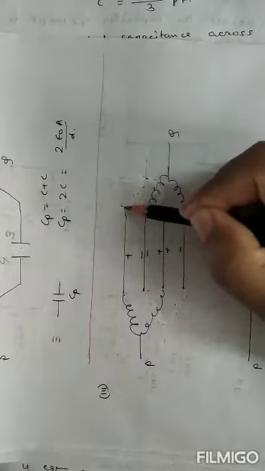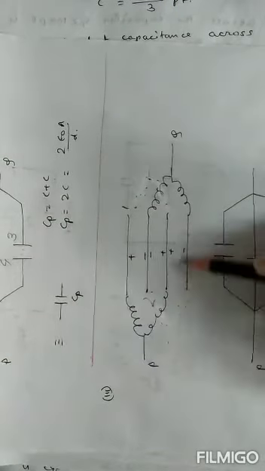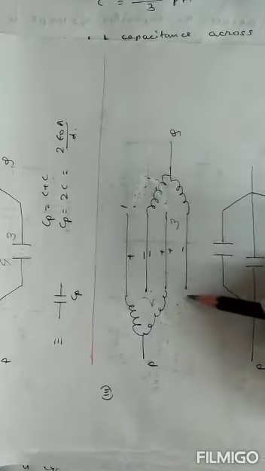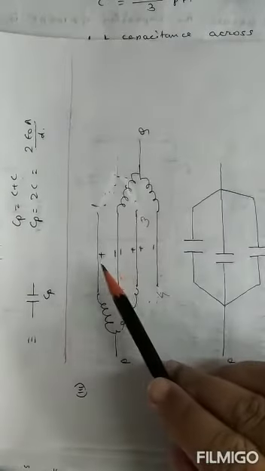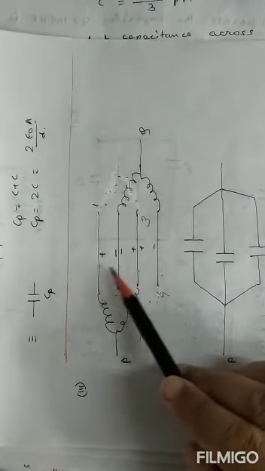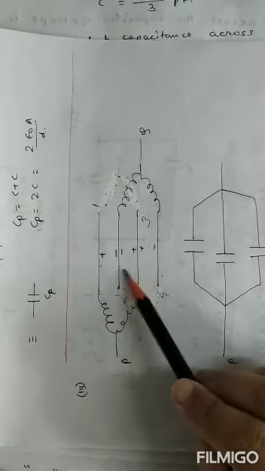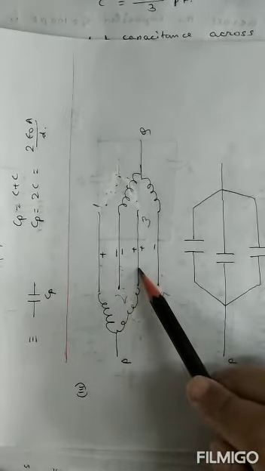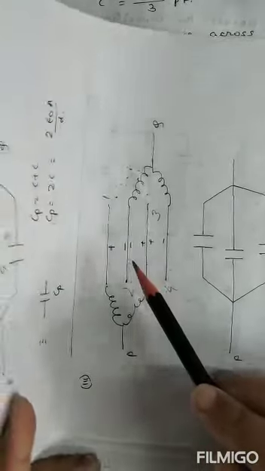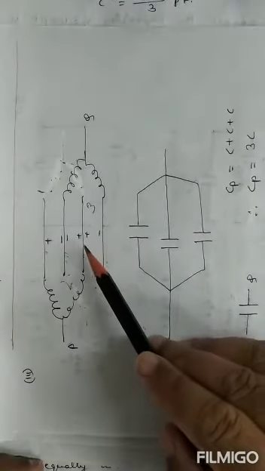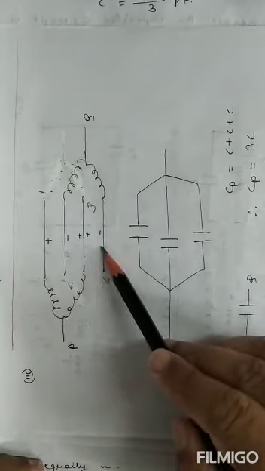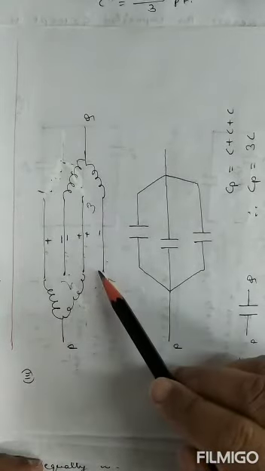So this is plate 1, this is plate 2, this is plate 3 and this is plate 4. Between these 2 plates, there is a parallel plate capacitor, positive, negative. Between 2 and 3 also, there is a parallel plate capacitor, negative and positive. Both of them are at different potential. And between 3 and 4 also, there is a parallel plate capacitor, they are at different potential.